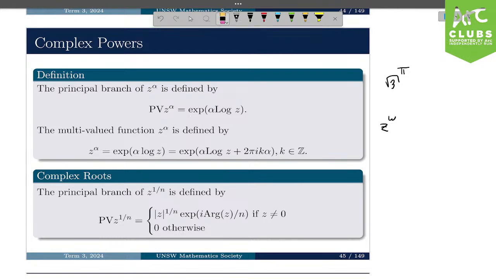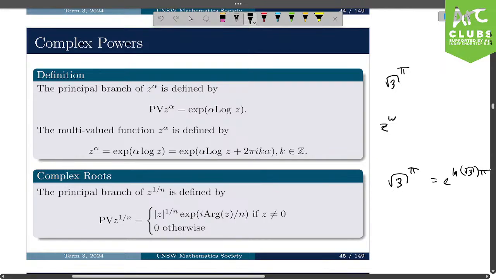So how we define this is the exponential function of a times log z. And you can see how this is kind of a natural definition, because in the real numbers, if we use the same example, root 3 to the pi, that's going to equal e to the natural log of root 3 times pi, because this is just going to simplify to root 3 to the pi.